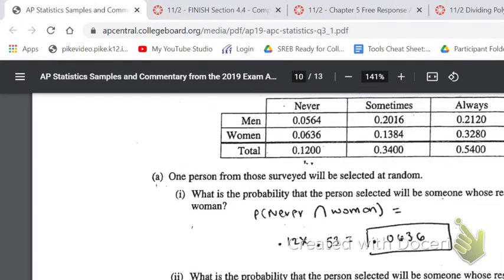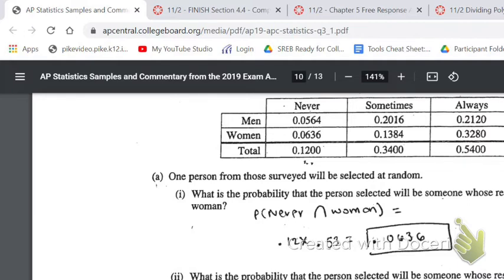If I want to know, never, given that they are a woman, once they tell me the given that, what I would be looking at on the table here, let me see if I can pull up my little annotate thing. I'm only looking at that piece. As far as I'm concerned, all the rest of the table can go away once I have given information.